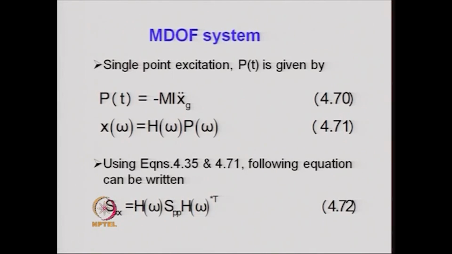If you take the inverse of this matrix at every frequency, then you get h omega at every frequency, and SPP at every frequency is known. So you have to carry out this matrix multiplication, and from that you will get the value of the power spectral density function matrix at each value of omega.